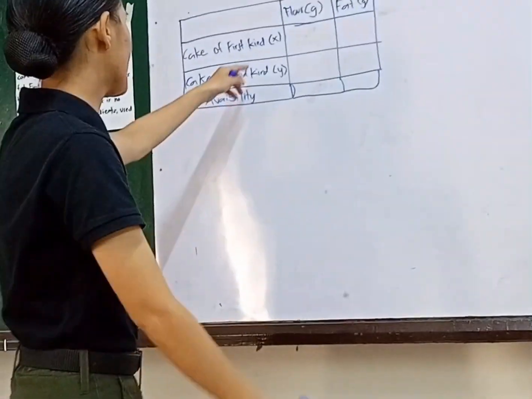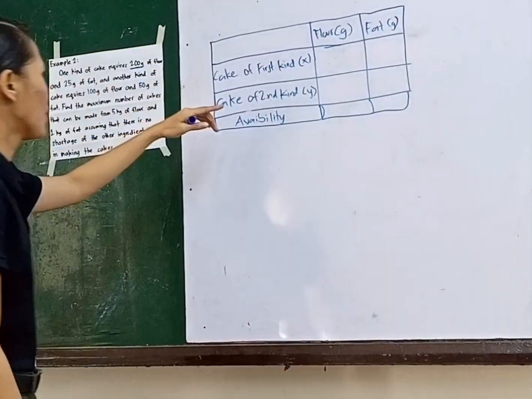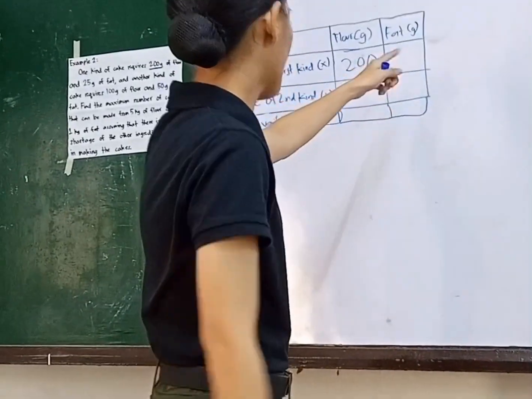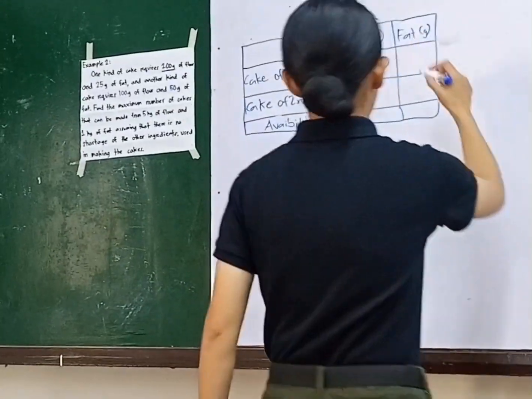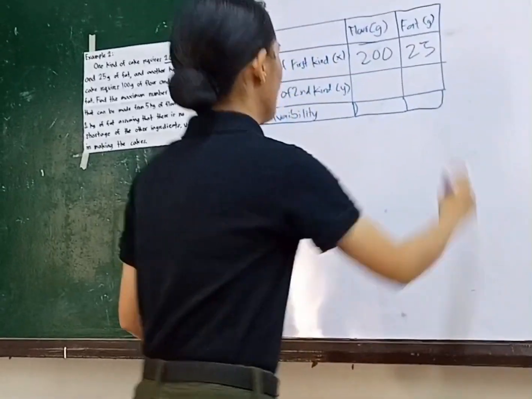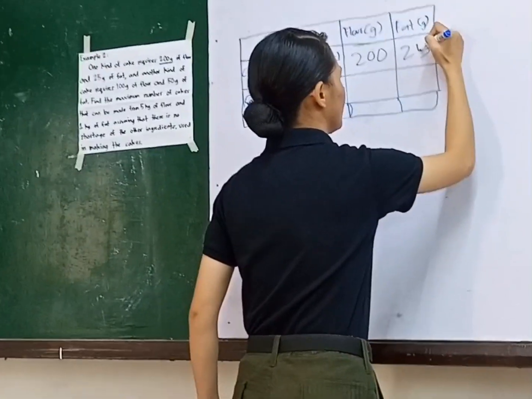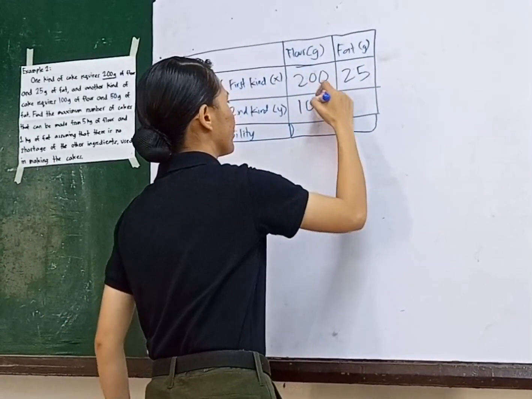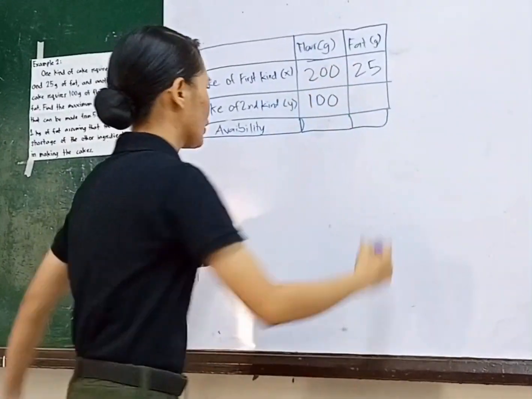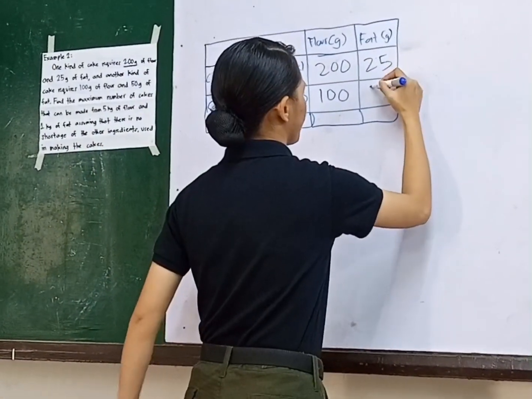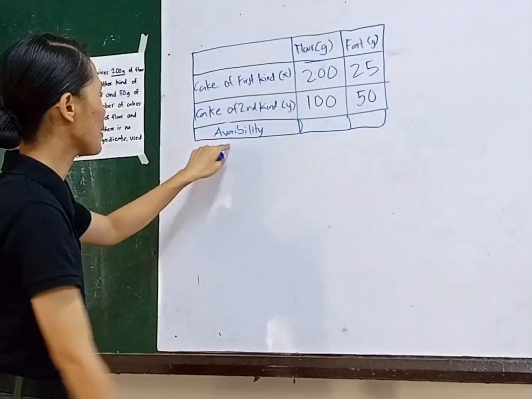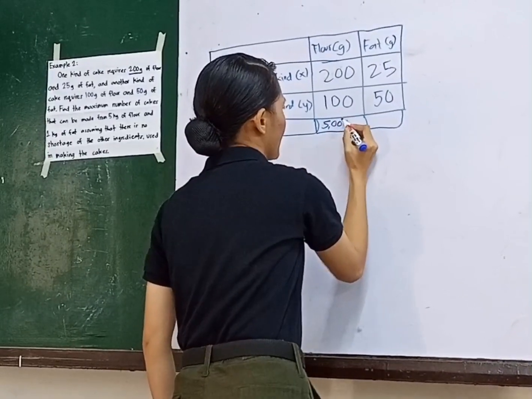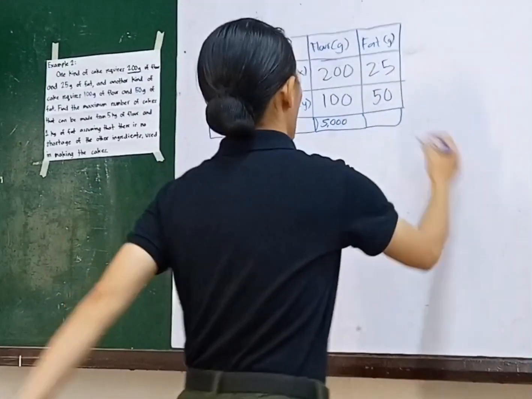Cake of the first kind, our x, has flour grams of 200 and fat grams of 25. Then our y is 100 flour grams and 50 fat grams. Then our availability is flour grams 5,000 and fat grams 1,000.